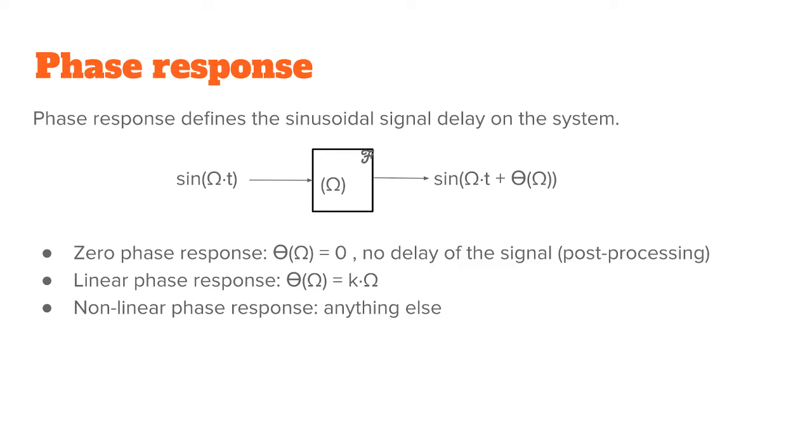What you want to have then is that these packages actually stay as packages. So you only incorporate maybe some amplitude change, but still keep this package coherent. There's no time shift between different frequency components.